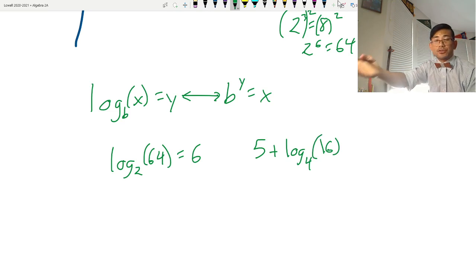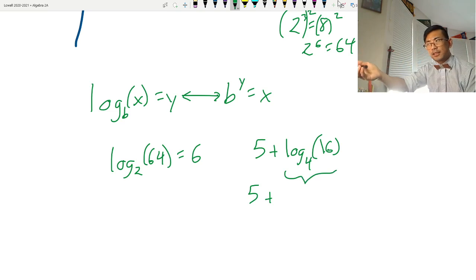I can add those two, those are just two numbers. So this is 5 plus, well, this is the exponent we need where 4 to that power is 16. And so this number is really just 2. And so that equals 7.